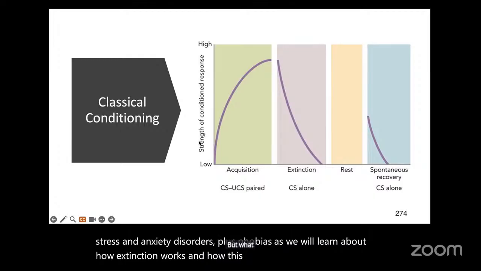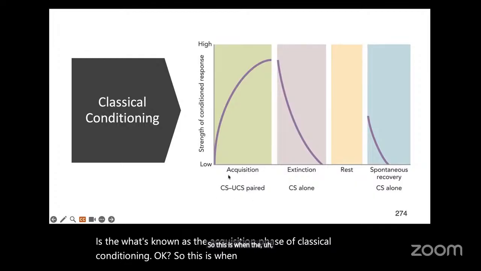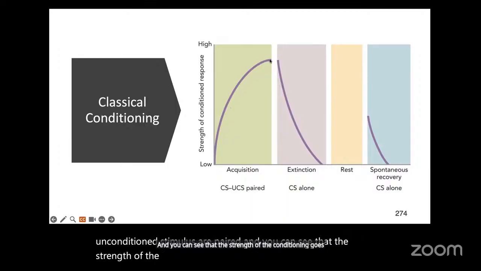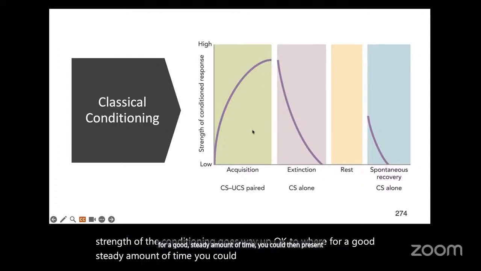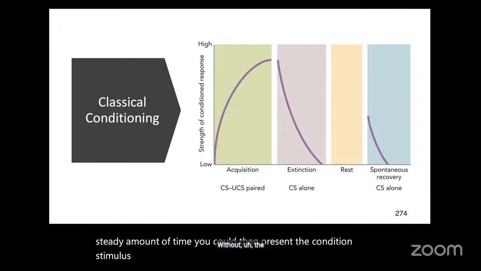But what this graph shows is what's known as the acquisition phase of classical conditioning. This is when the conditioned stimulus and the unconditioned stimulus are paired, and you can see that the strength of the conditioning goes way up, to where for a good steady amount of time you could then present the conditioned stimulus alone without the unconditioned stimulus.